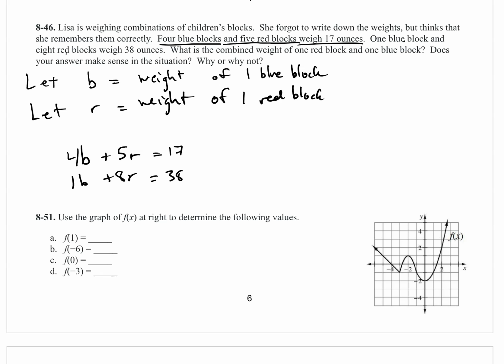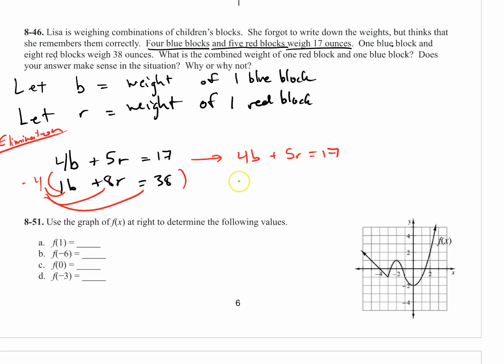Let's use elimination. Let's multiply the bottom equation by -4. So the top equation is going to stay the same. 4b plus 5r equals 17. And the bottom equation, whoops, that was going to be -4b minus 32r equals -152.